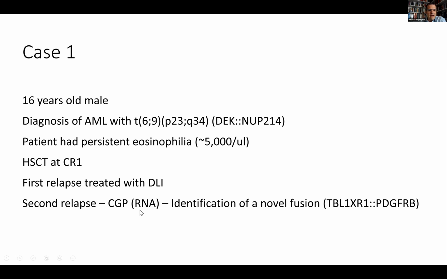And here we had a comprehensive genomic profiling, RNA-based, and we could identify a novel gene fusion, never described before, TBL1XR1 with PDGFR beta. That's why I say that the FISH for PDGFR beta was a false negative result.